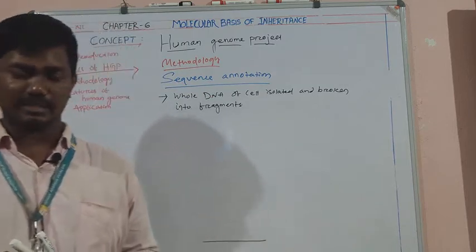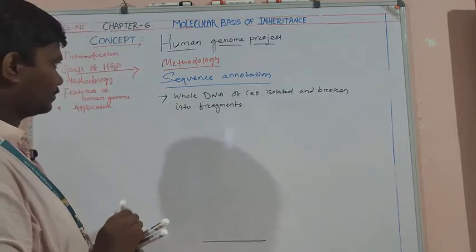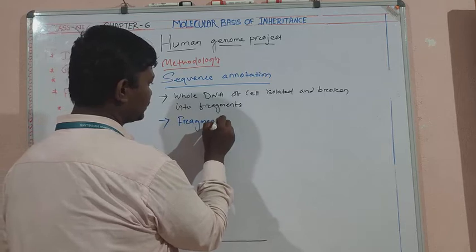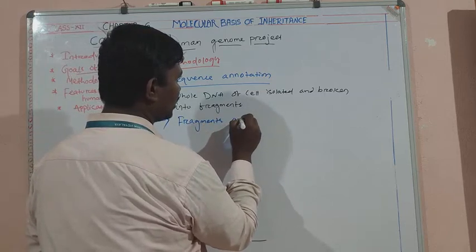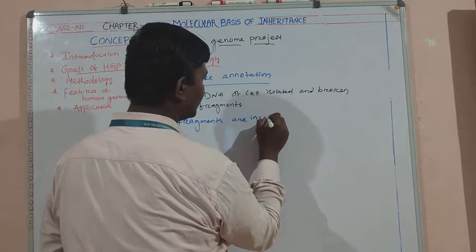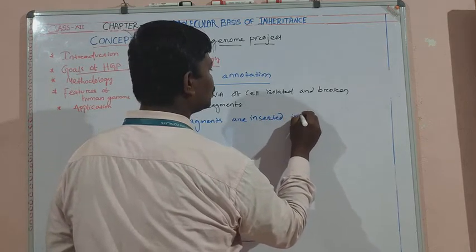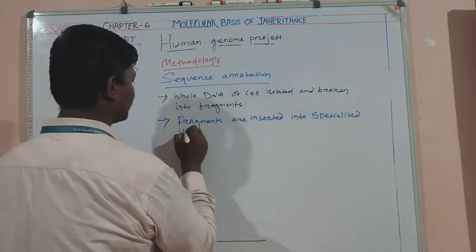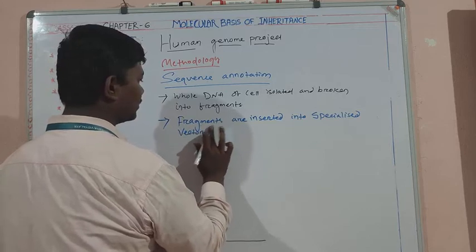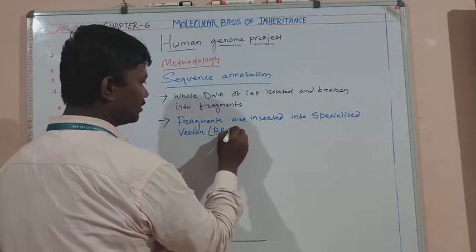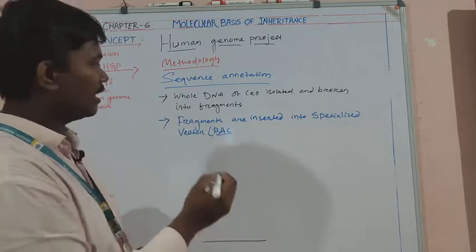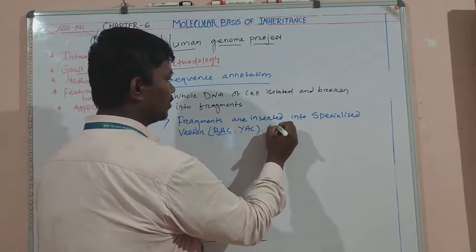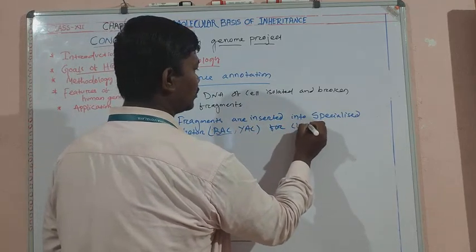Then the fragments are inserted into specialized vectors like bacterial artificial chromosome, yeast artificial chromosome for cloning.